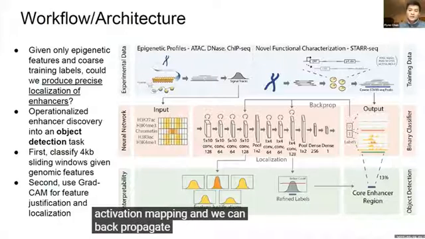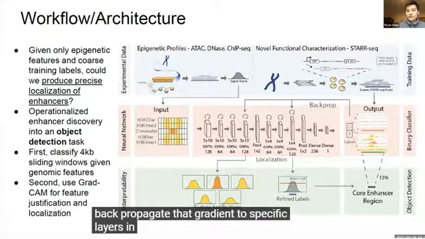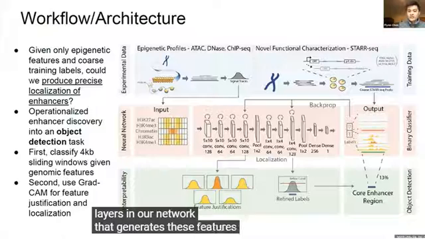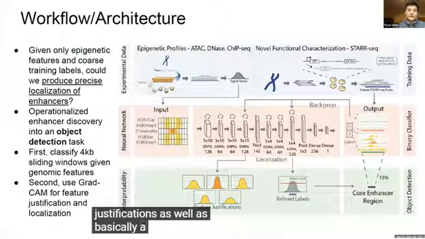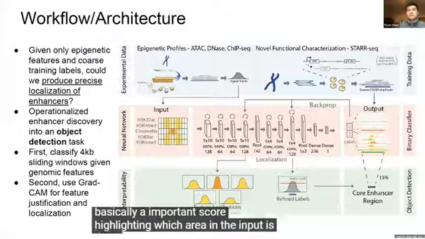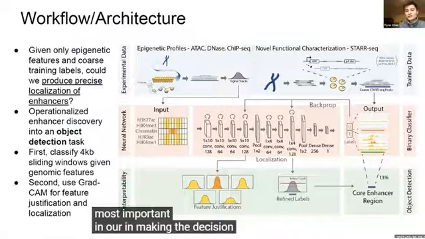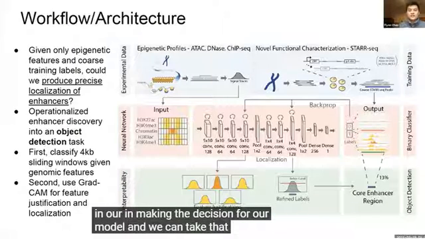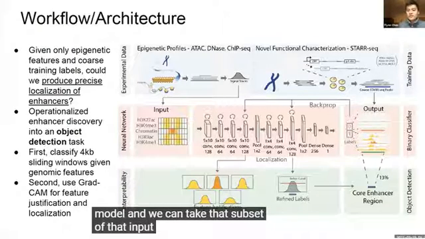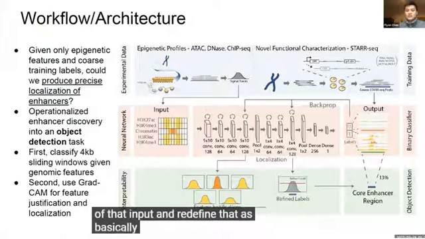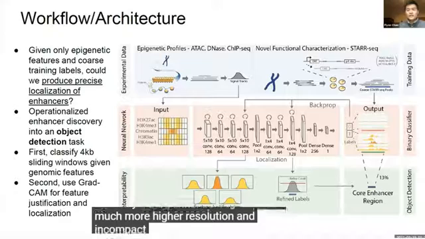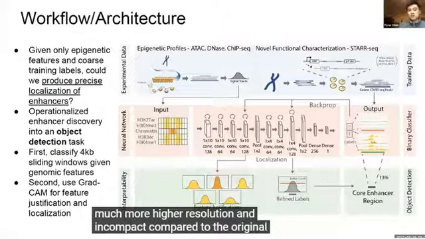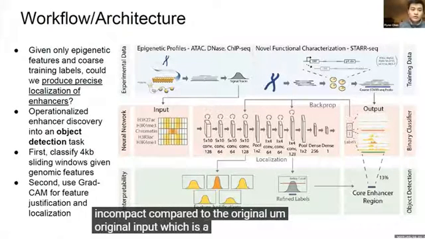We can backpropagate that gradient to specific layers in our network that generates these feature justifications, as well as an importance score highlighting which area in the input is most important in making the decision for our model. We can take that subset of the input and redefine that as a core enhancer region that is much higher resolution and more compact compared to the original input, which is a 4 kilobase window.